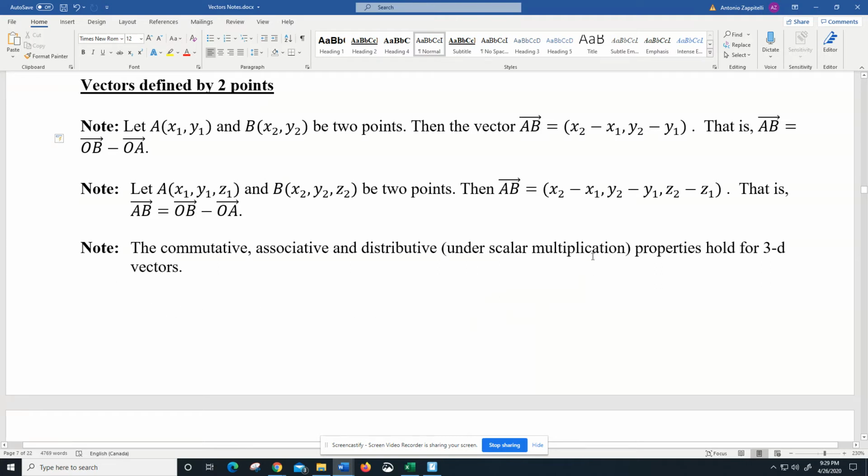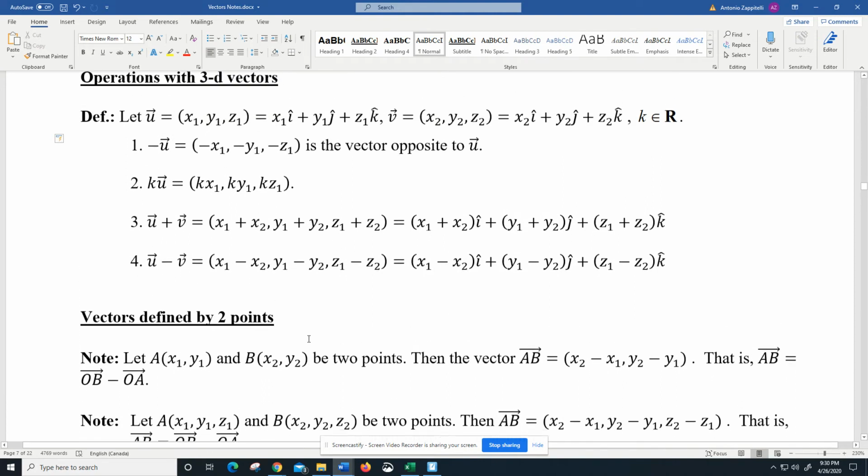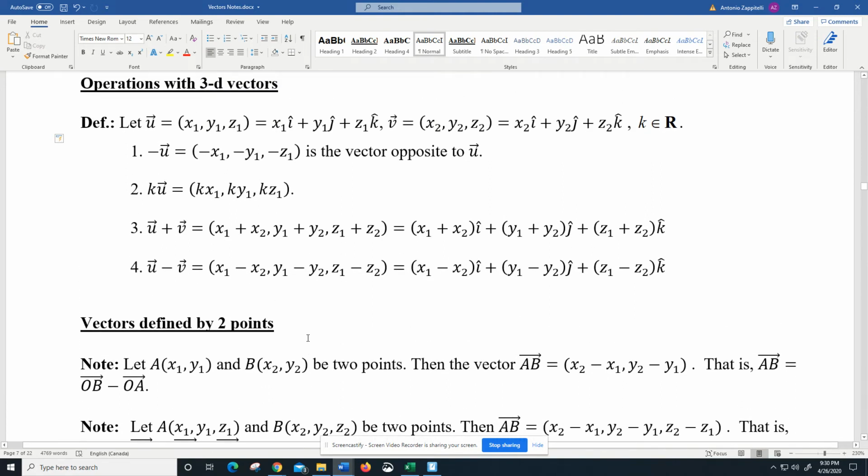Those all hold in 2D, and they also hold in 3D. So that tells us that we can use our knowledge of operating with numbers to help us operate with vectors, because we notice that the way in which we operate with vectors now is to work with the individual components, which are real numbers.